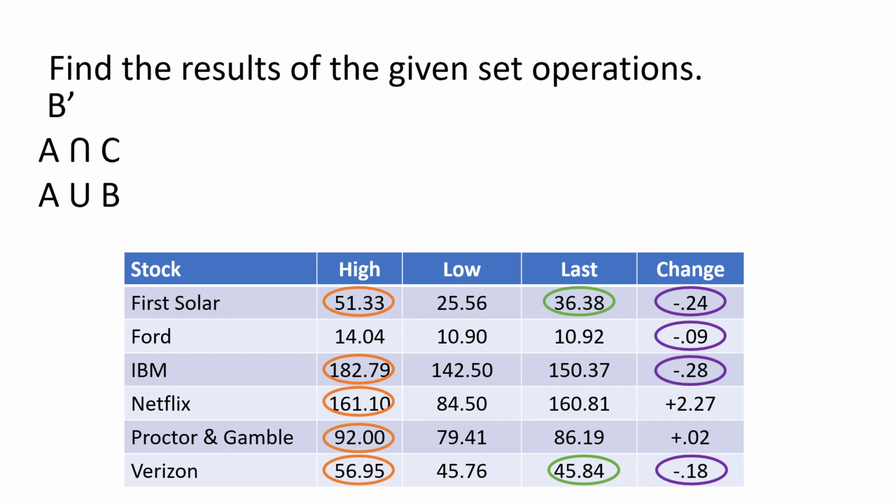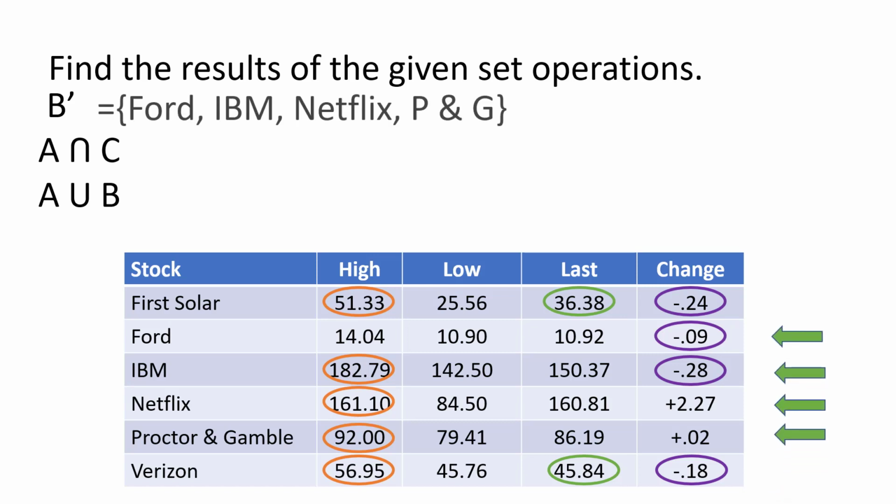Now we want to find the results of the given set operations. The first one is B complement. So we want the stocks where we did not draw a green circle. This would be the set of Ford, IBM, Netflix, and Procter & Gamble.